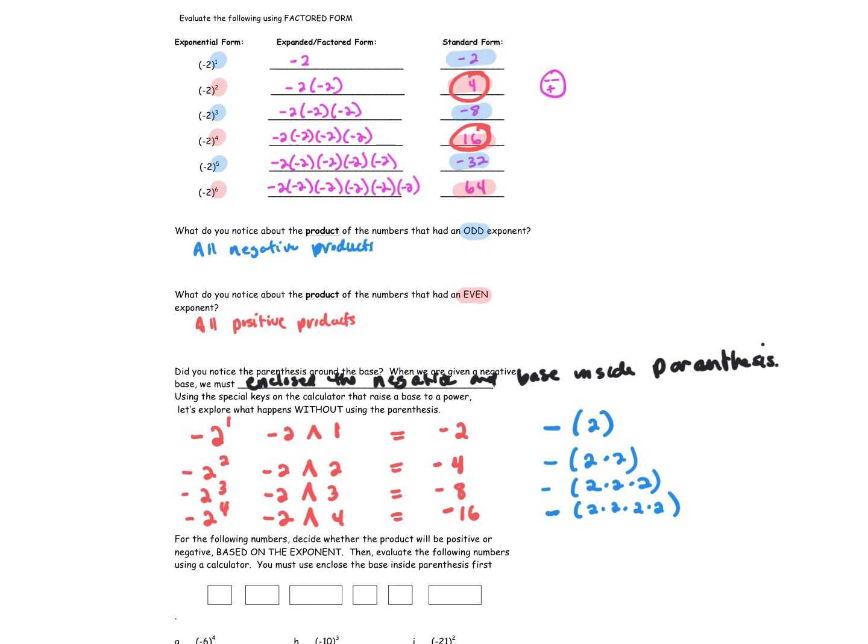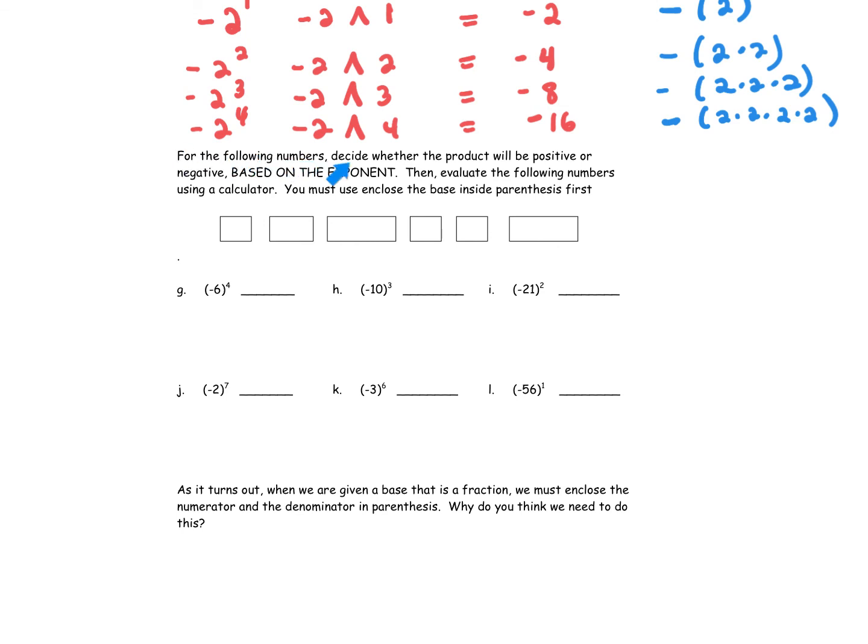So here's what we need to do when we're working with the calculator and entering it in exponential form. For the following numbers, decide whether the product will be positive or negative based on the exponent. Then evaluate the numbers using your calculator. You must enclose the base inside parentheses first. We're going to put our first parenthesis, which is about midsection of the calculator.